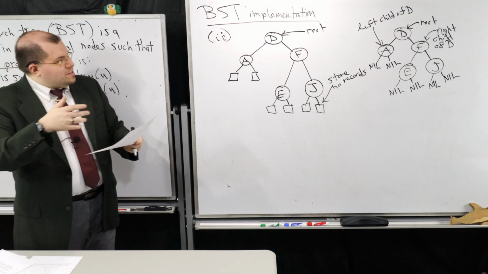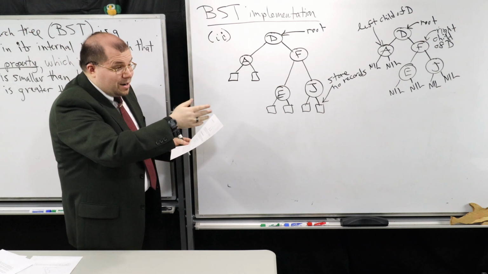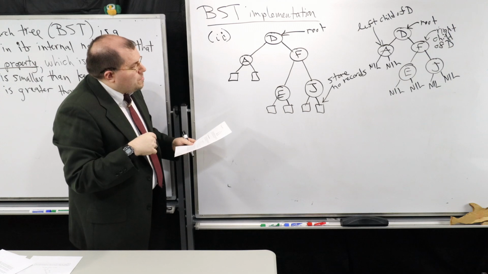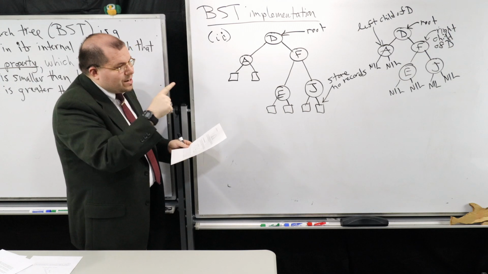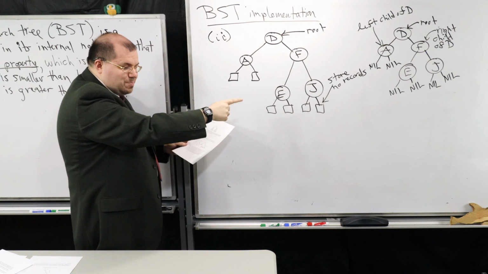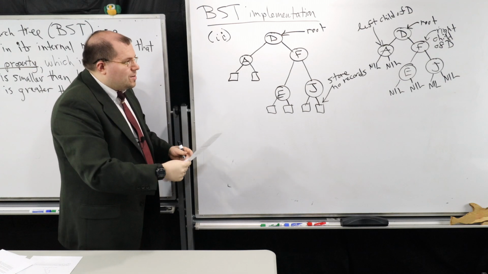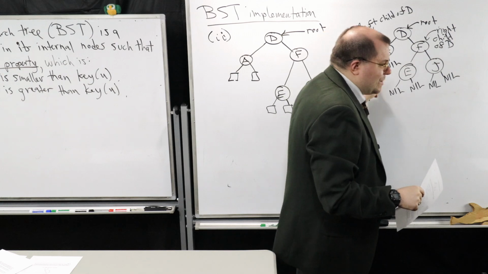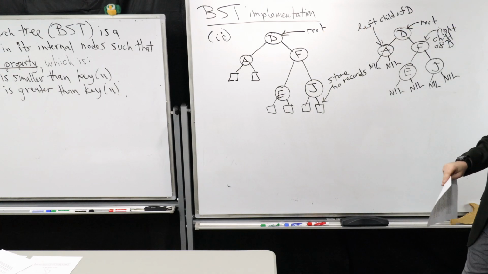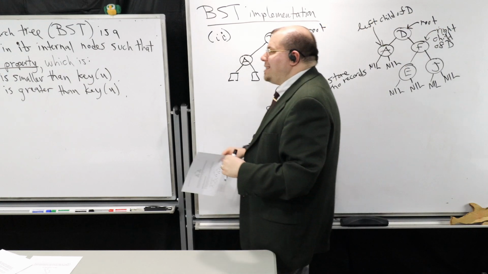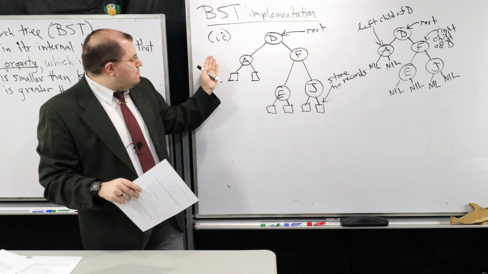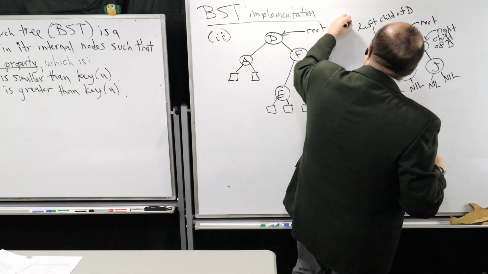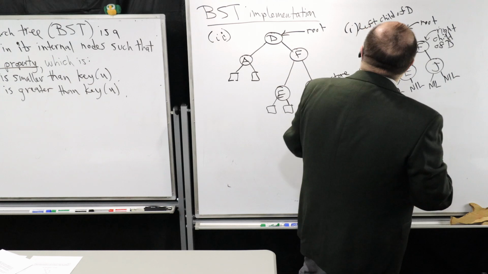So these are a couple standard ways of thinking about the binary search tree. But the thing is there's a natural one-to-one correspondence between these two things. So wherever I have one of these leaf nodes, there's null, right? So I like to think of implementation number 2, and I'll refer to this one as implementation number 1.